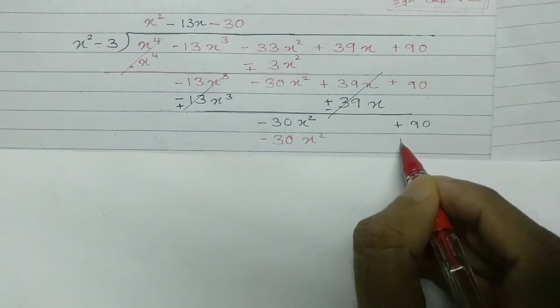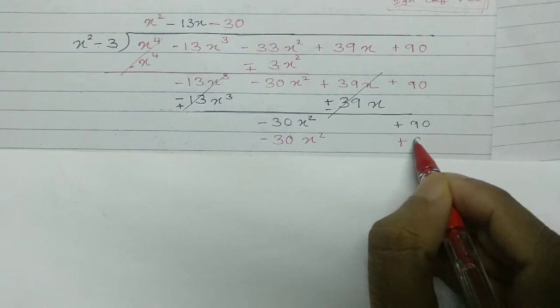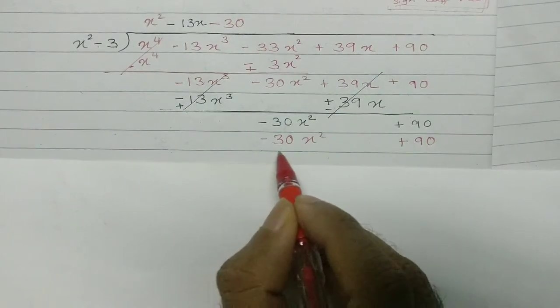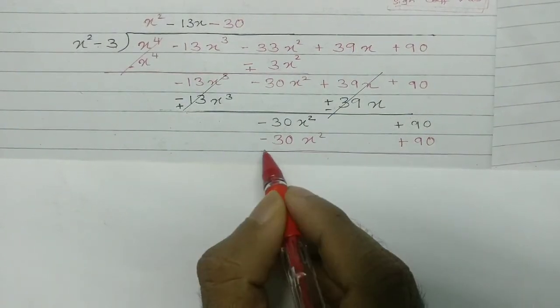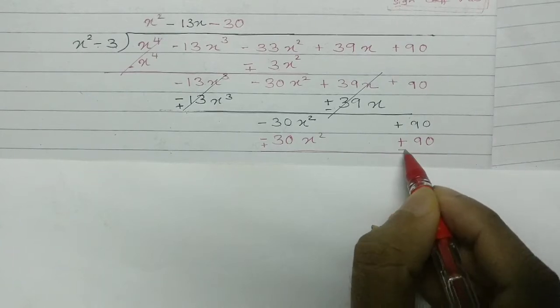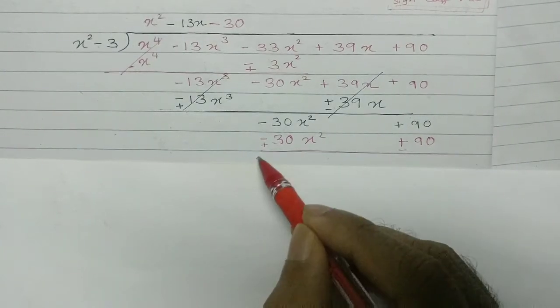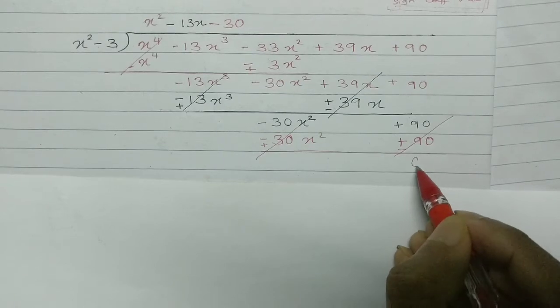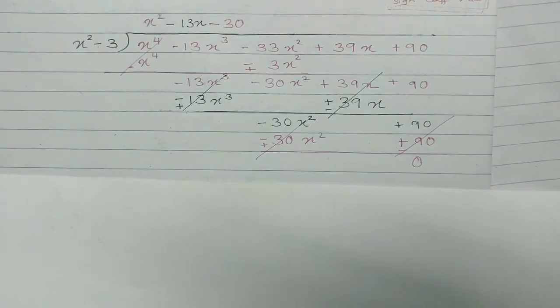So this will become plus 90. Now what I have to do is change the sign. So negative will become positive, positive will become negative. So I'm able to cancel this and I'm able to cancel this, and what I will get is 0.